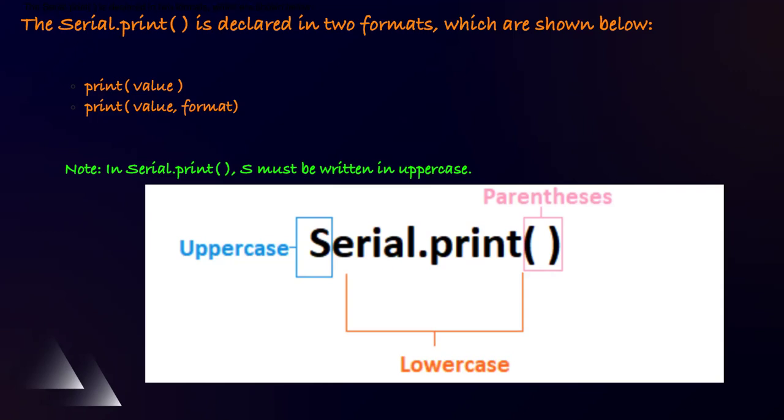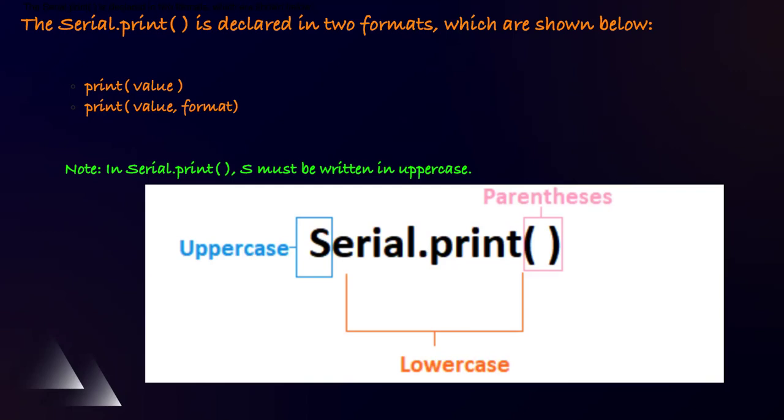There are three important things we need to know. This one is very easy, so try to understand. When writing serial.print, we must write S in capital letter or uppercase. The rest, that is the erial and print, must be in lowercase, or small letters.